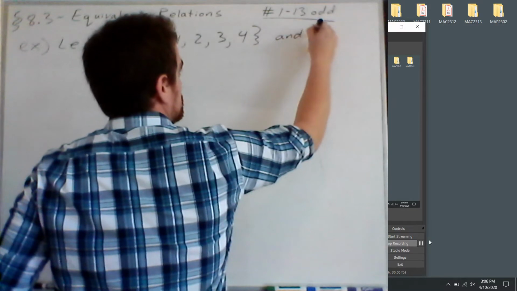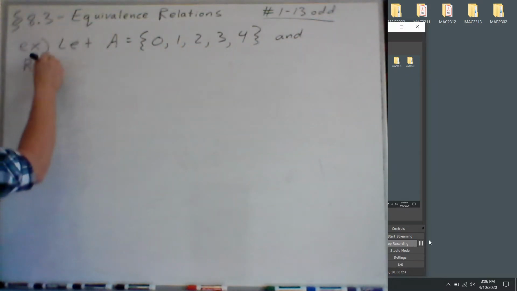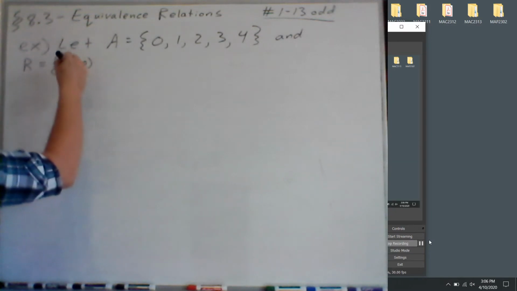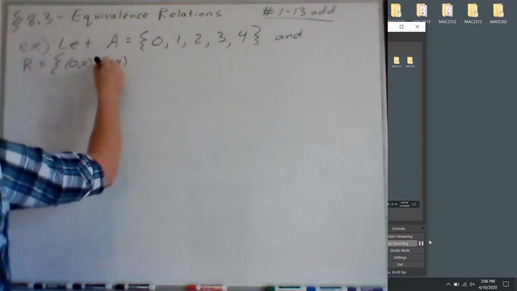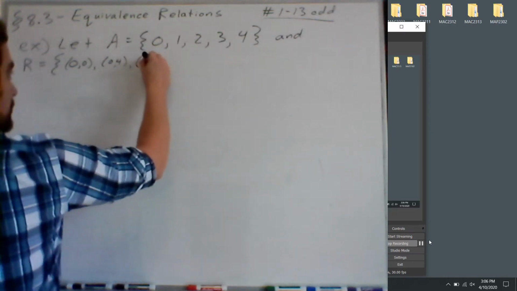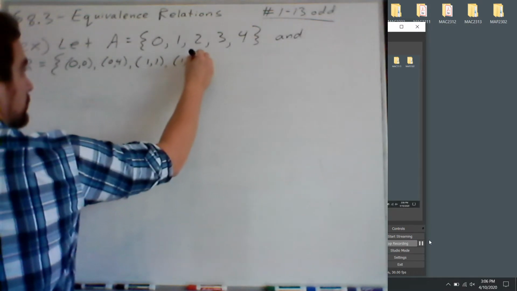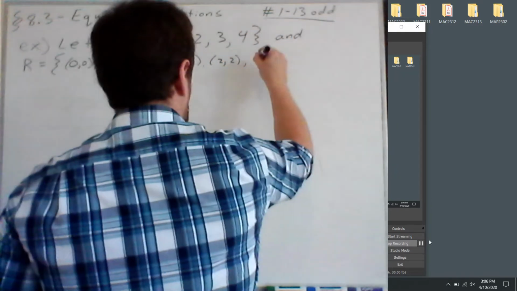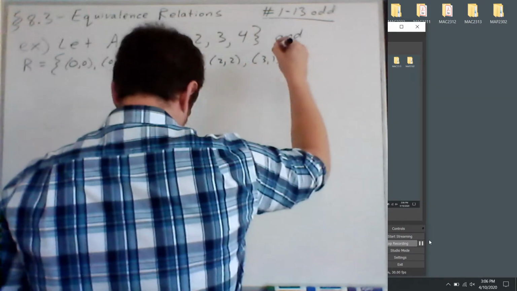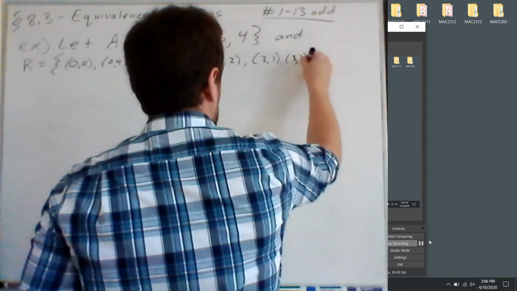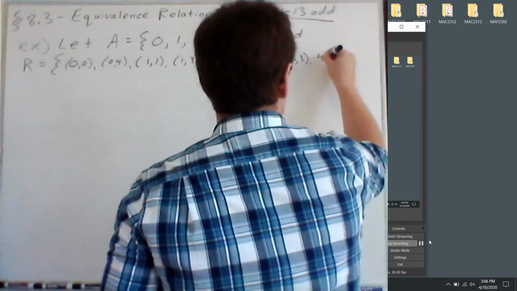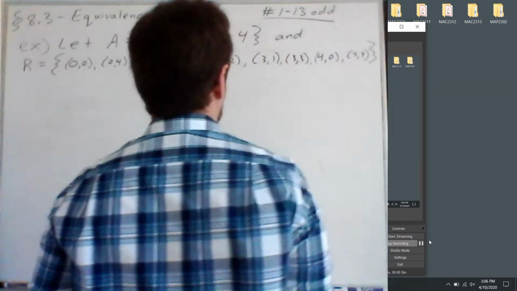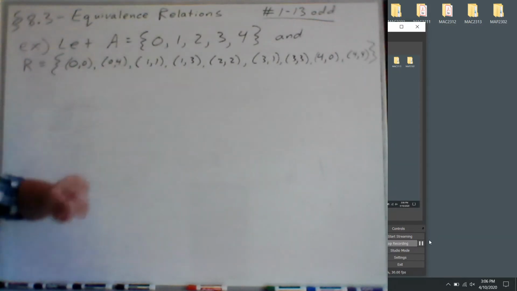And we'll define our relation R to be the relation {(0,0), (0,4), (1,1), (1,3), (2,2), (3,1), (3,3), (4,0), and finally (4,4)}. Again, A is a finite set.